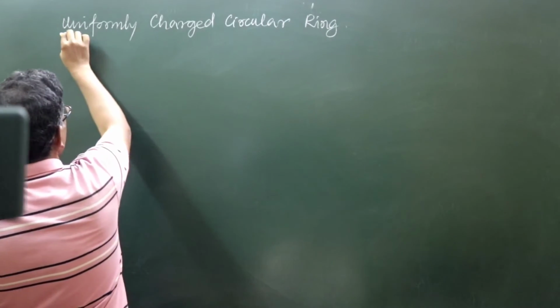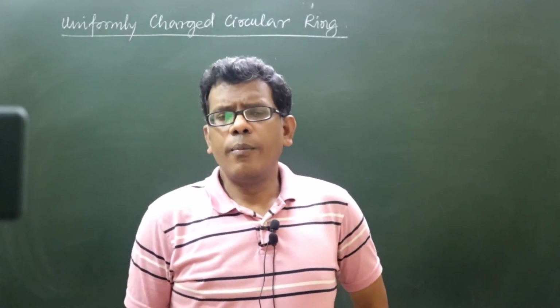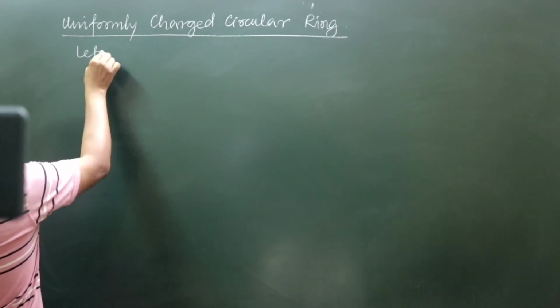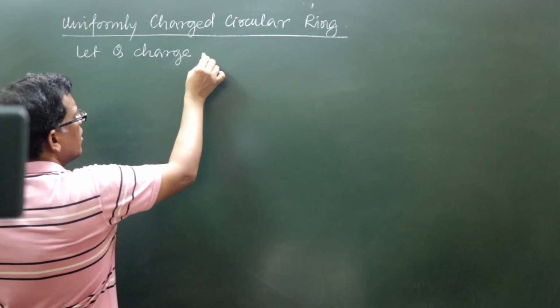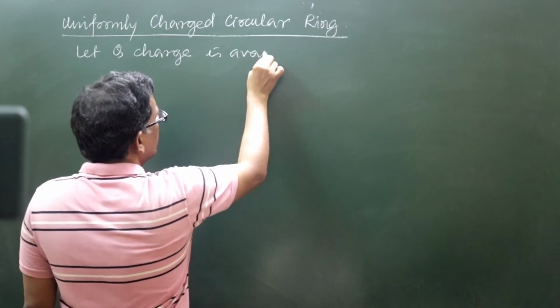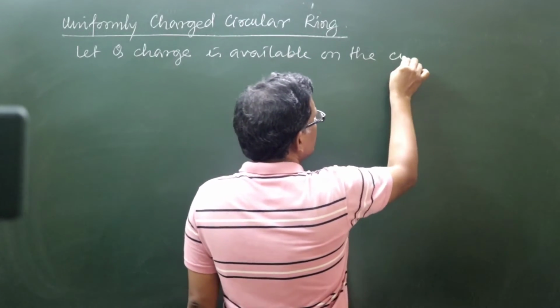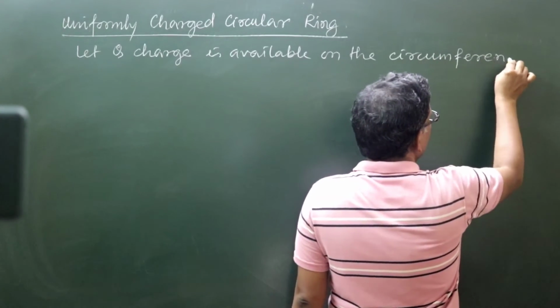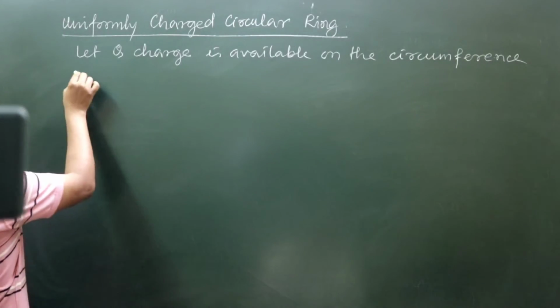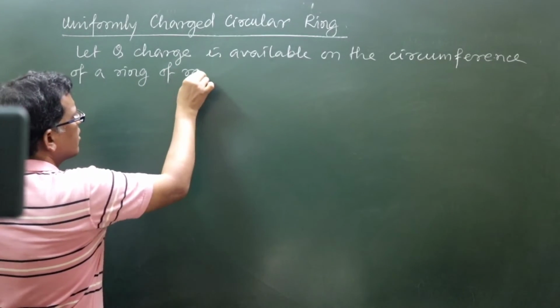A circular ring is also considered to be a one-dimensional body, provided you do not consider the thickness of the material of the ring. Okay. So let Q charge be available on the circumference of a ring of radius r.